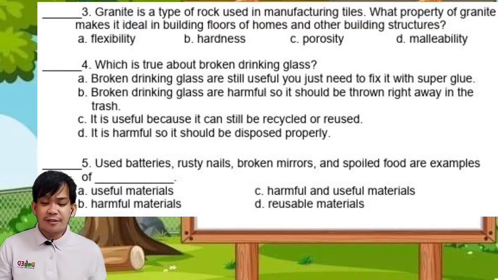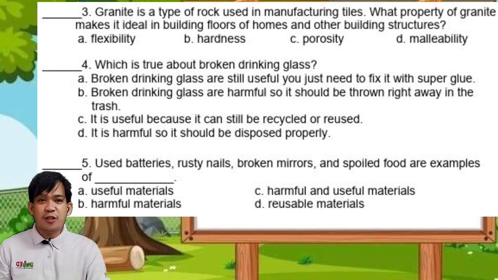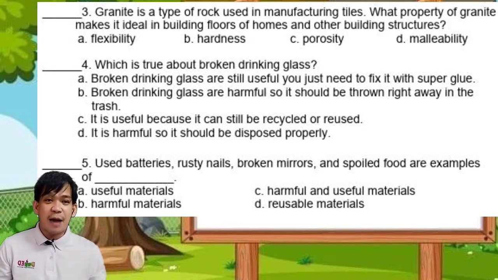Number 3. Granite is a type of rock used in manufacturing tiles. So, yung mga tiles, yung mga ginagamit sa bahay, di ba? Okay. So, what property of granite makes it ideal in building floors of homes and other building structures? Alam nyo ba na sa paggawa ng tiles, ang ginagamit na klase ng rock is granite. Okay?